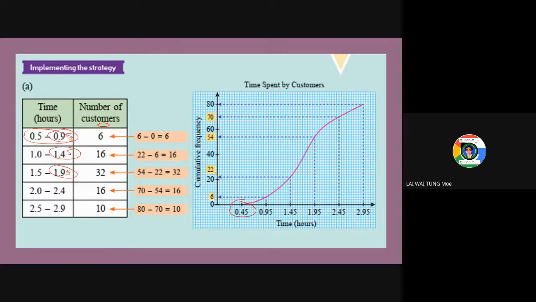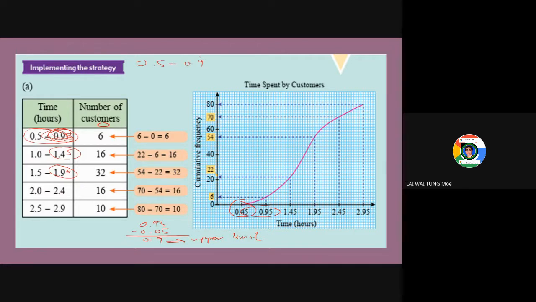From this upper boundary, you need to minus 0.05. Let's say for 0.95, when you minus 0.05, you get 0.9, and this is your upper limit. Because the first class is 0.5 to 0.9.